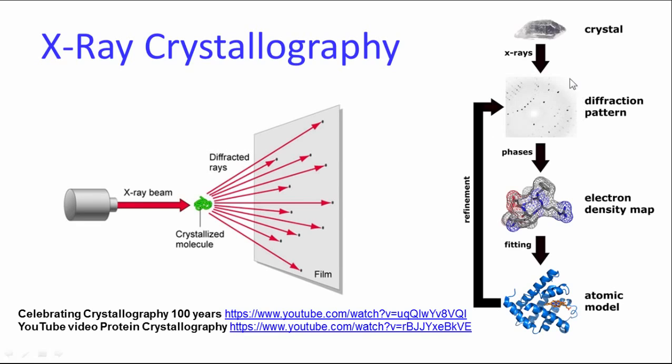From the information on those diffraction patterns, we can use Fourier transform computers and very sophisticated software to create electron density maps, and those electron density maps can be converted into what looks like a 3D atomic model of the protein that's quite useful to study its structure and function.